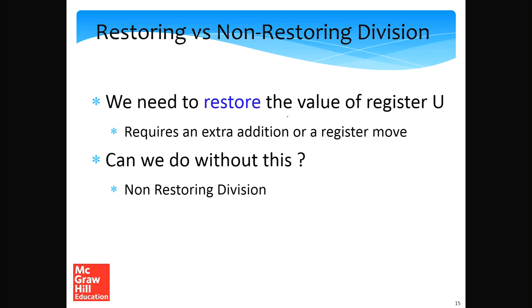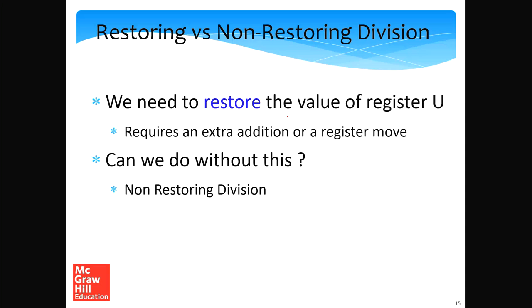Alright, so let's now introduce a new kind of division algorithm called non-restoring division. So what did we see? We saw that we subtract d from u, and we need to restore the value of register u, right? This is a problem in the sense that we first subtract. If we find that the result is negative, then we need to add the divisor back, which means we are restoring the value of register u.